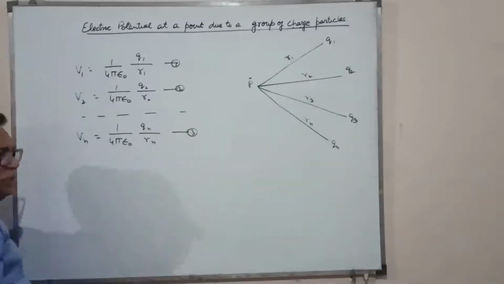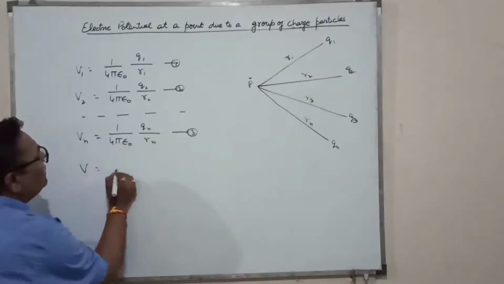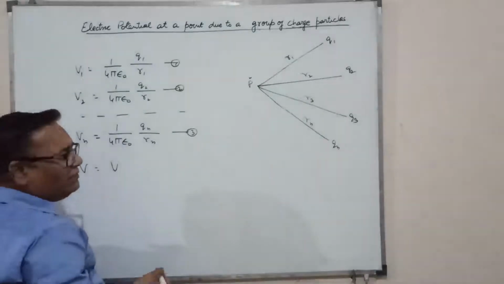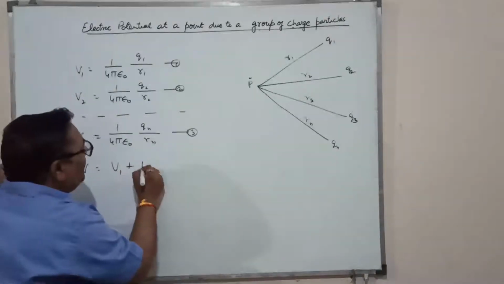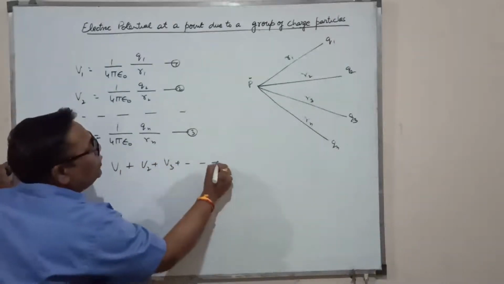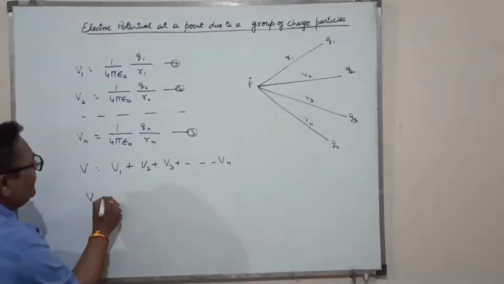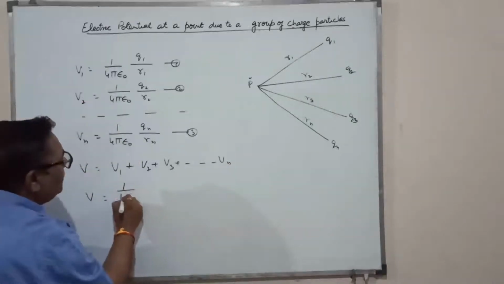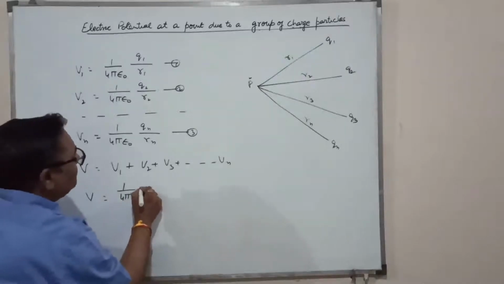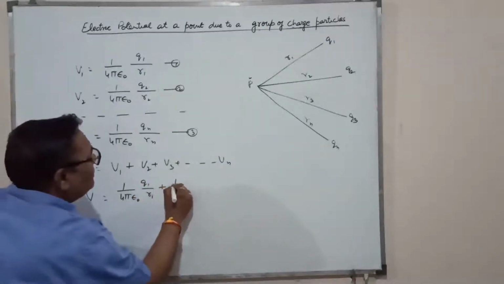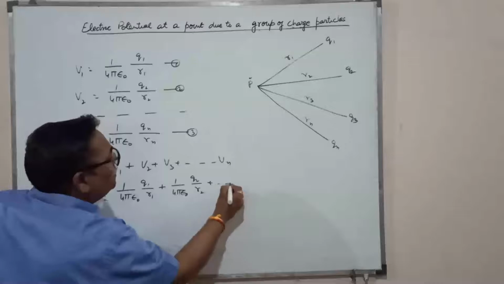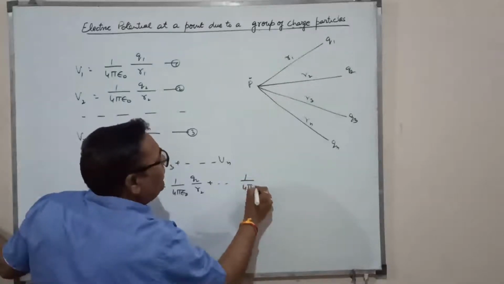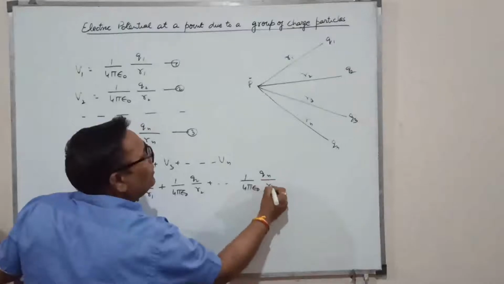This is equation 3. Now the net potential at the point P, V, is equal to the scalar sum or the algebraic sum of all the potentials produced by individual charges. That is V1 plus V2, V3 up to Vn. That is V is equal to 1/4 pi epsilon 0 Q1 upon R1 plus 1/4 pi epsilon 0 Q2 upon R2 up to 1/4 pi epsilon 0 Qn upon Rn.